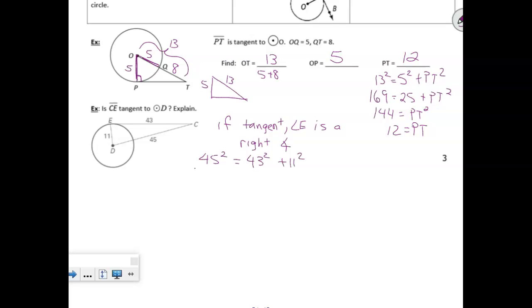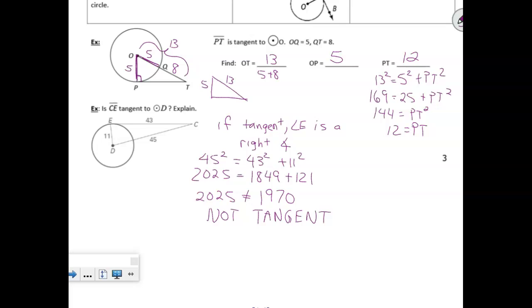Well, 45 squared is 2025. 43 squared is 1849 plus 121, or 11 squared. Well, 2025 does not equal 1970 when combined, therefore it's not tangent. In fact, c squared is larger than a squared plus b squared, so the angle is obtuse.